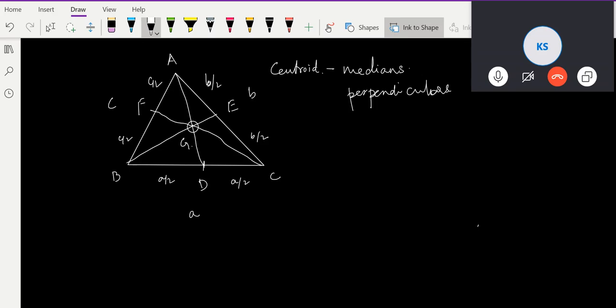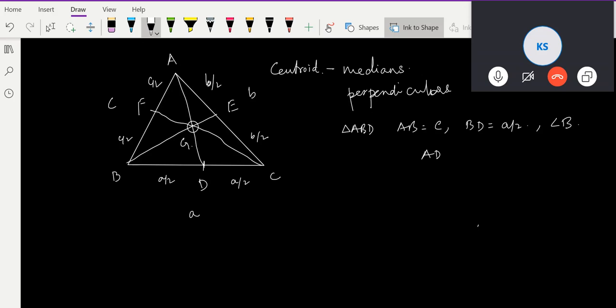In case of triangle ABD, AB is equal to C and BD is equal to A by 2. And we know angle B. Therefore, we can find out the length of AD.